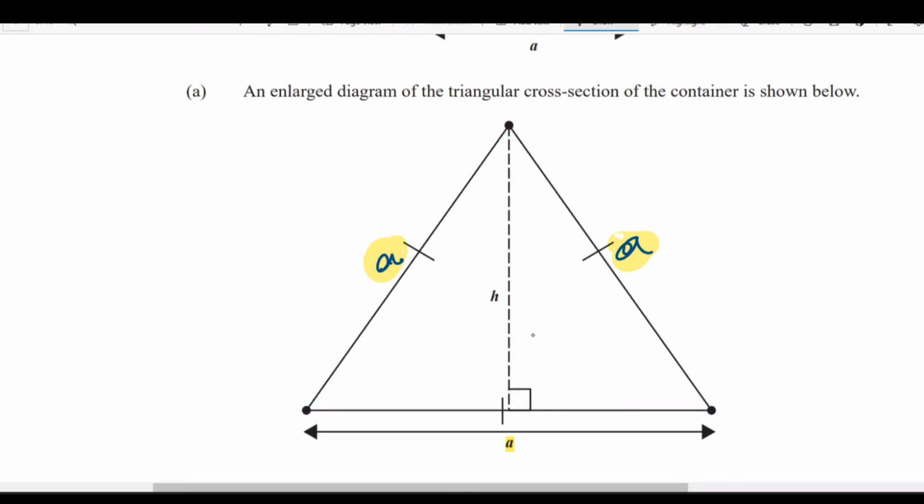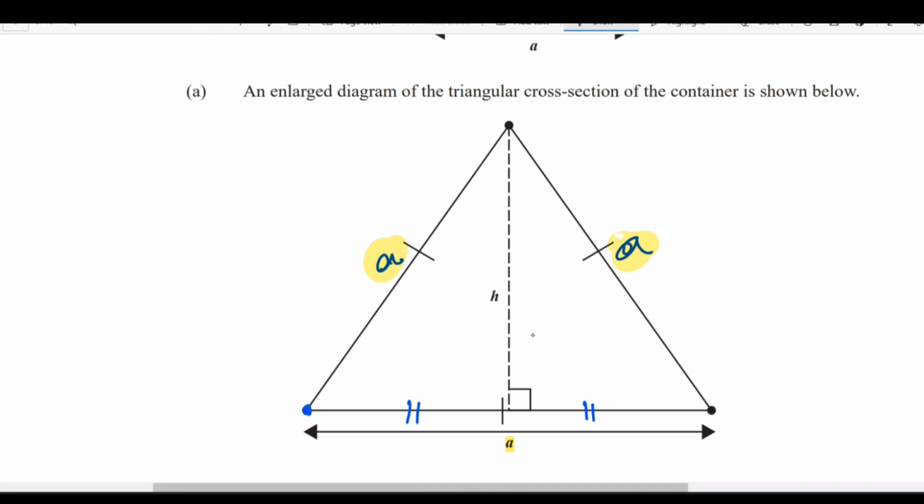What I want us to remember is that whenever we have an equilateral triangle and the height comes through like this, it will hit the base such that this length is the same size as this length. Because of the special nature of it, when it hits the base, it divides the length into two equal pieces.